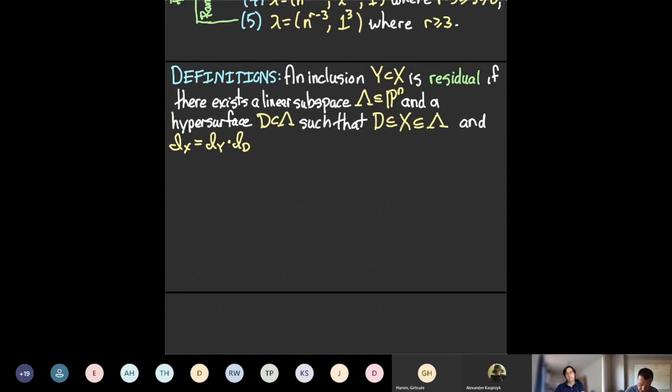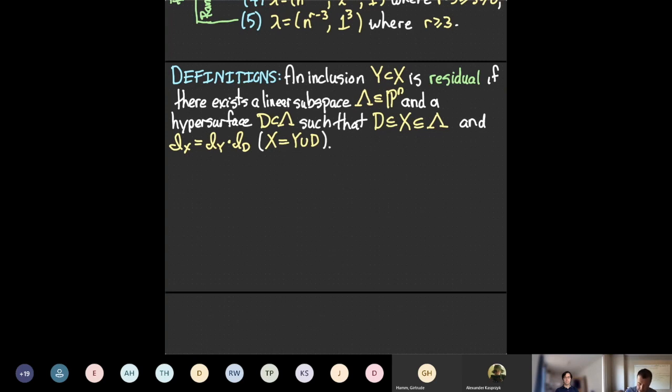So this is a scheme-theoretic version of saying that X is the union of this other projective variety and the divisor, the hypersurface. So X decomposes in this nice way. And I think this language first arose in trying to understand excess intersections and residual intersection formulas. So the definition I've given here is almost verbatim from what you can find in Fulton's intersection theory.